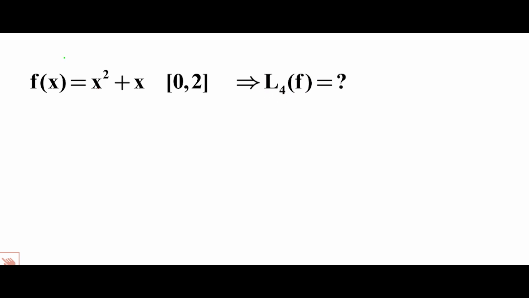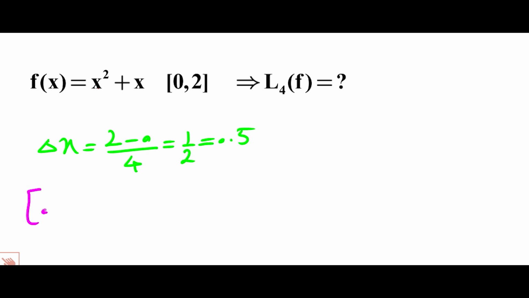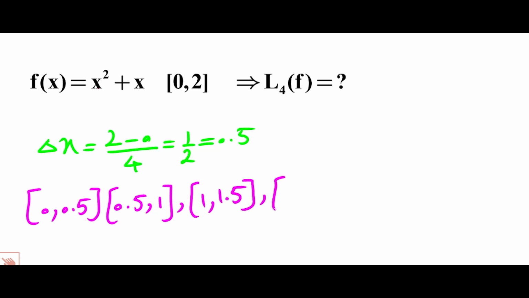And again, first calculate the width of each subinterval: delta x equals (2 minus 0) over 4, which is 1/2 or 0.5. So our subintervals are 0 to 0.5, 0.5 to 1, 1 to 1.5, and 1.5 to 2.